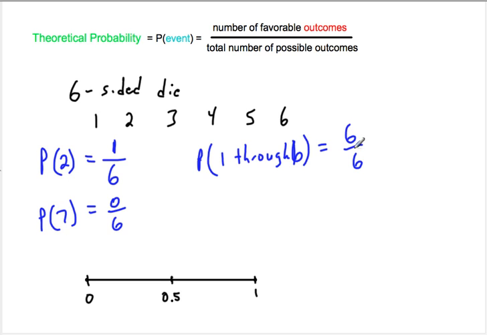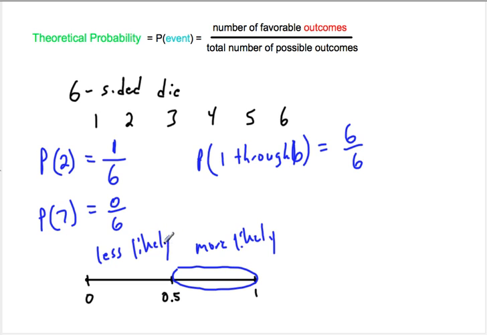Notice 6 divided by 6 is 1. Okay. Anything in this area you would consider to be more likely. Think of that as 50% or more of the time. And less than 50% of the time would be less likely. Okay.